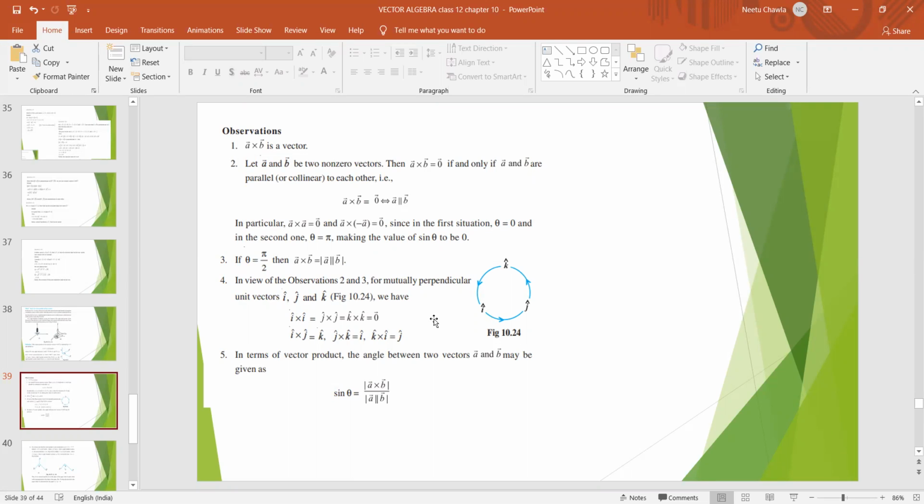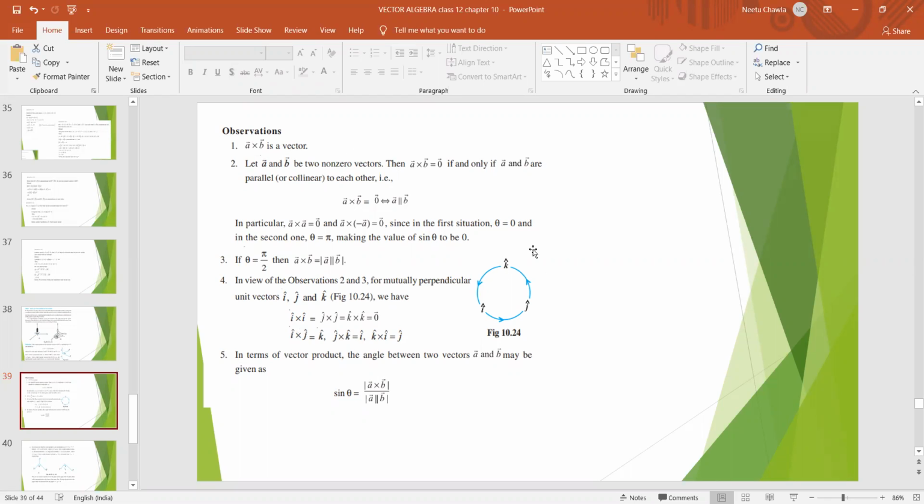When i is cross-multiplied with i, j with j, and k vector with k vector, we are going to get 0. This is the conclusion we had drawn from point 2. These are with themselves only, meaning they are parallel or collinear, so their cross product is 0.